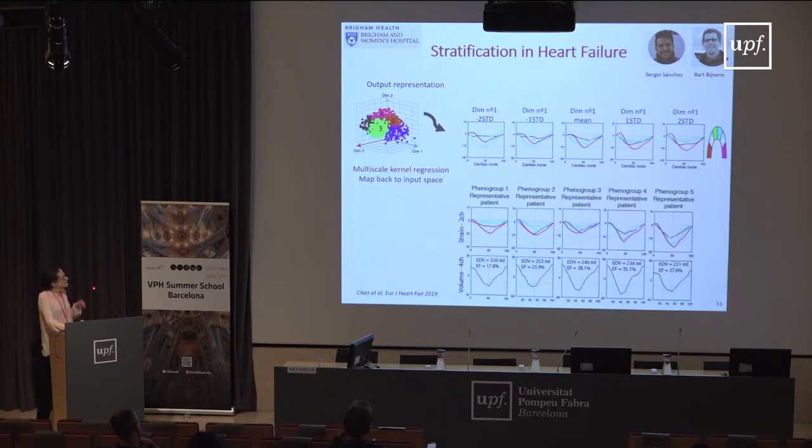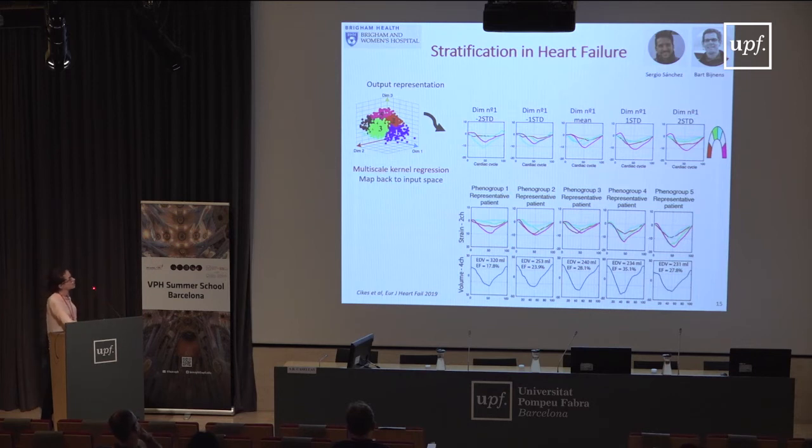And as I said, using kernel regression, we can move in any direction of this output space and reconstruct how the input features would be. It's kind of like in principal component analysis, where you see the variability.